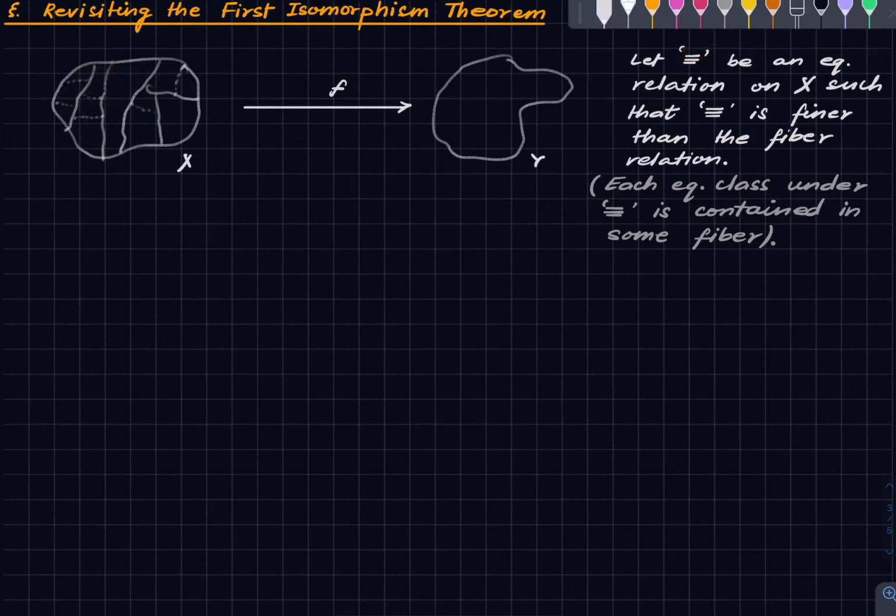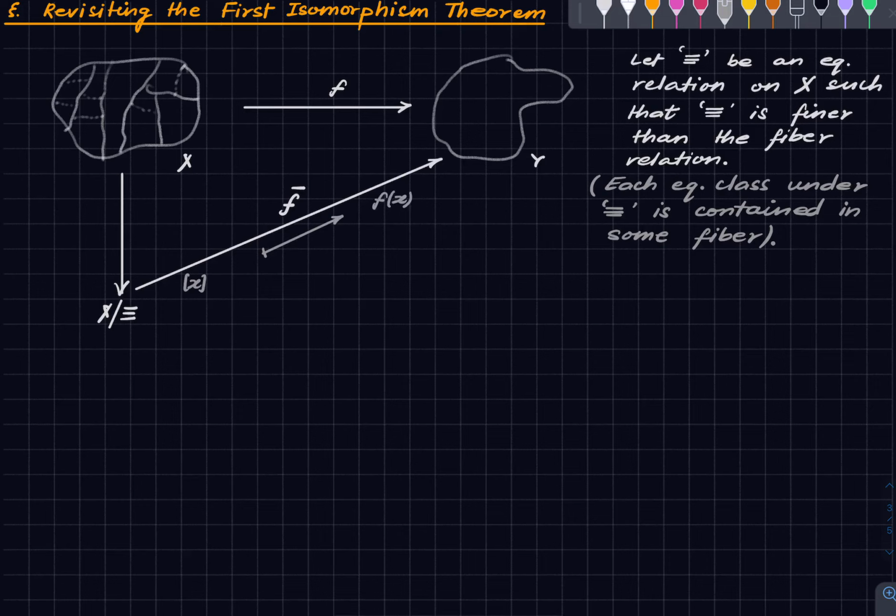So we saw that the map F factors through the set of all the equivalence classes to yield this map F bar, which is as follows, which takes an equivalence class to the image of any of its representatives.